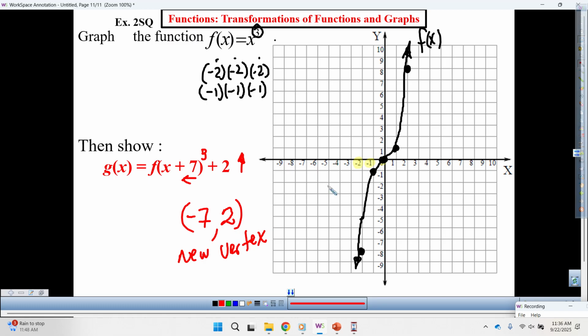Negative 7. So my new vertex is at negative 7, 2. And then we can now graph the other ones. The other one goes here and here. And then this one, 7, 1, 2, 3, 4, 5, 6, 7, 1, 2.